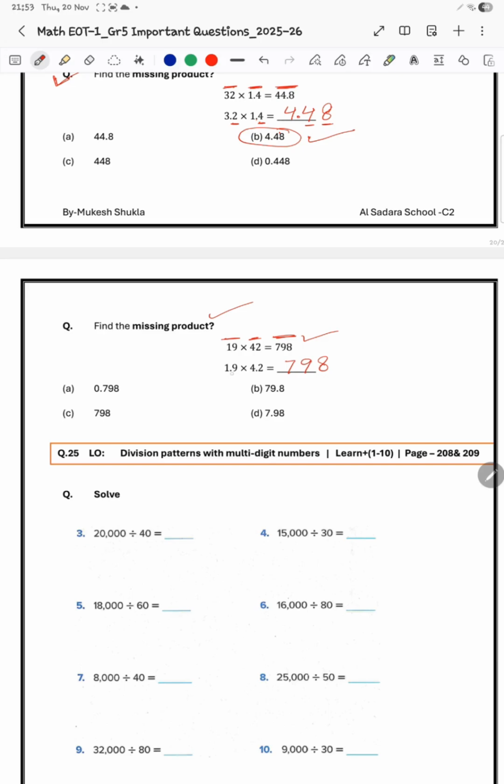So in the factors, on the right of the decimal we have one place, and on the right of the decimal we have one more place. So in total we have two places in the factors. So in the product also I will have two places on the right of the decimal. So after two places I will put the dot. So my answer will be 7.98. So this will be the correct one.